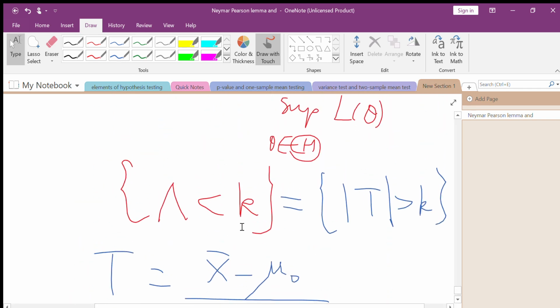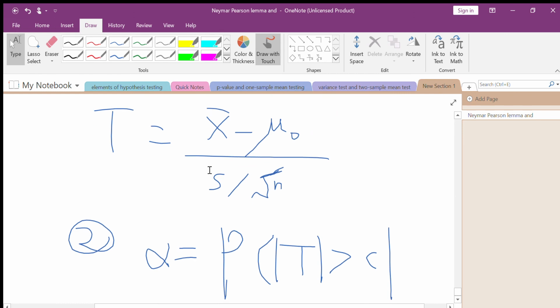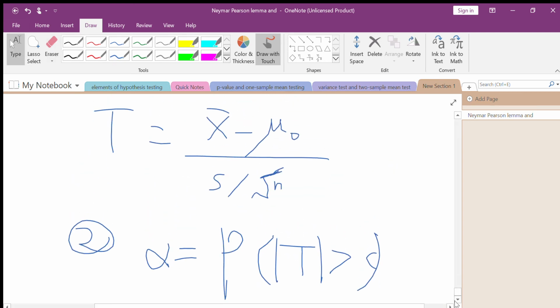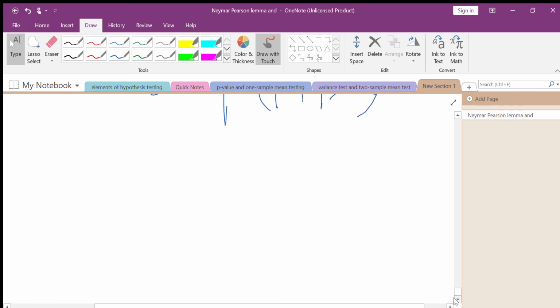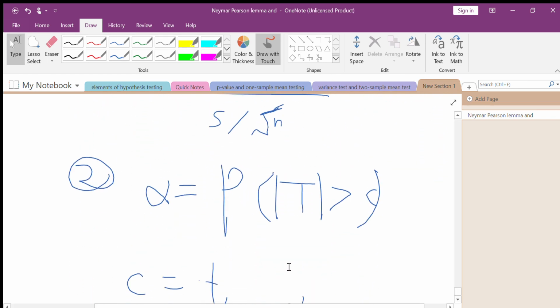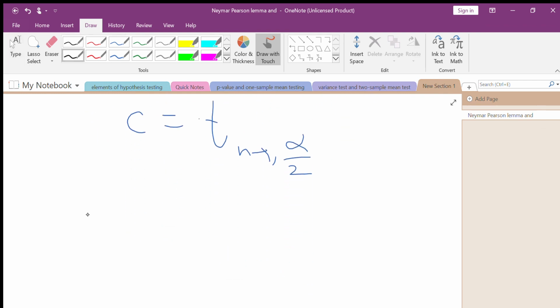H null is just mu equal to mu 0, so we have T, and we have mu 0 in it. Then we find that C should be t n minus 1, alpha over 2.